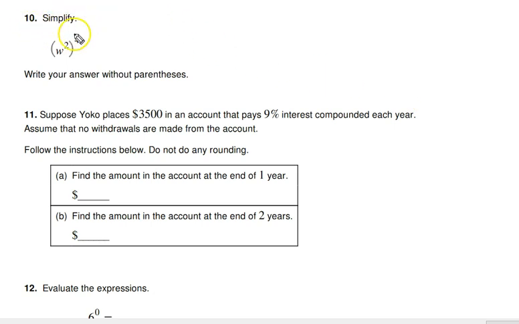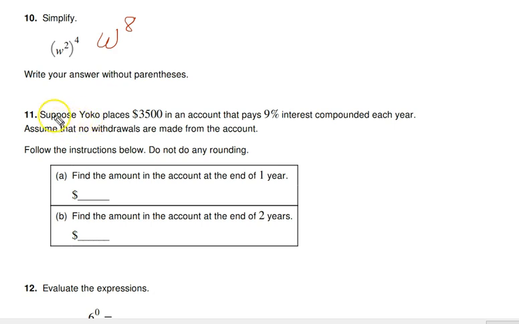Going on to number 10 now, we're looking at the power rule, where something in parentheses is raised to a power that has a power already. Here we multiply. So in a sense, this is written 4 times. So 2 times 4 is w to the 8th power.